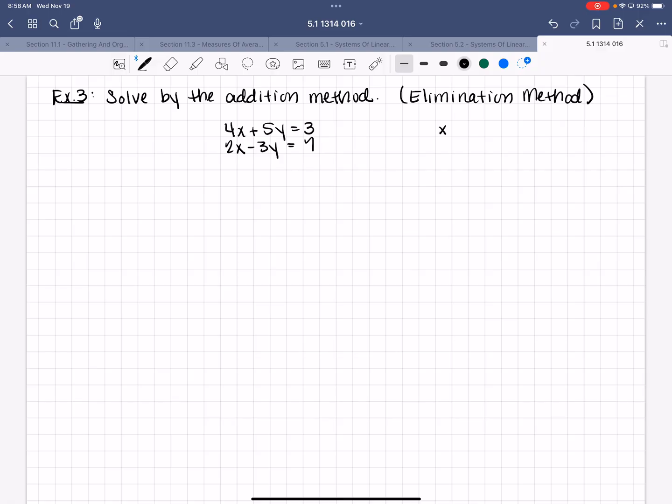So we want the coefficients of one of the variables to be opposites.